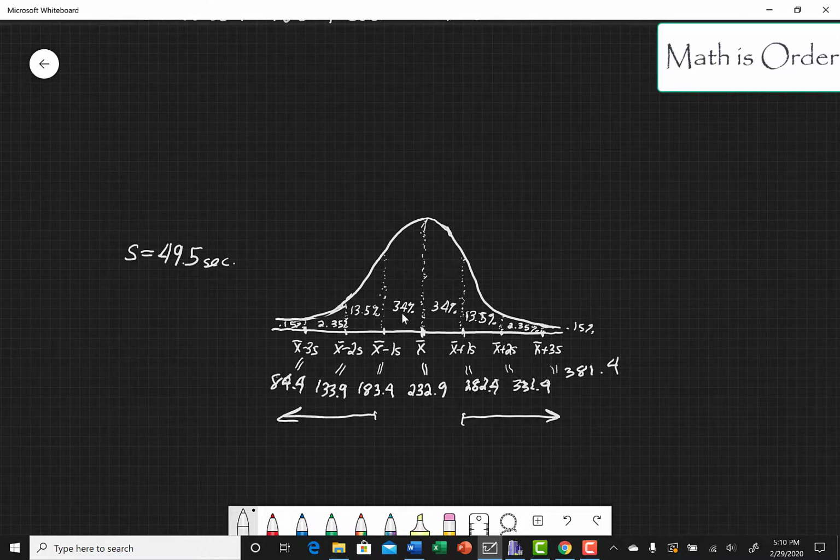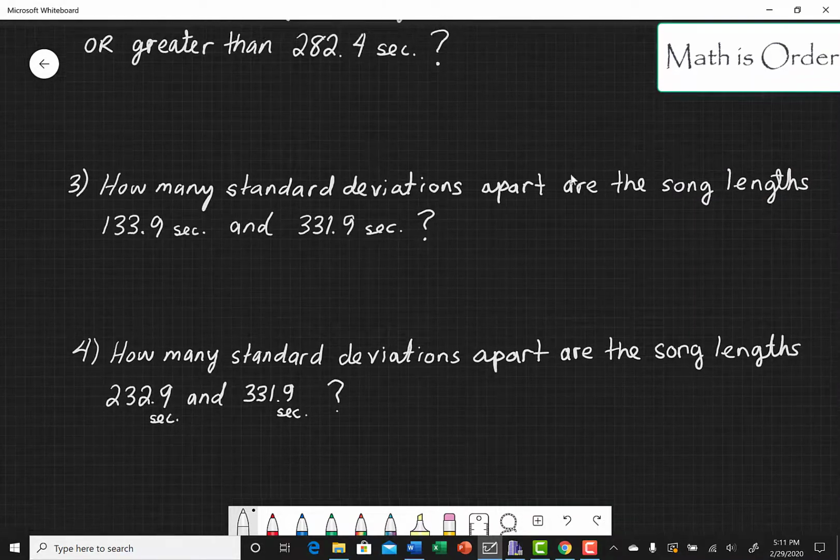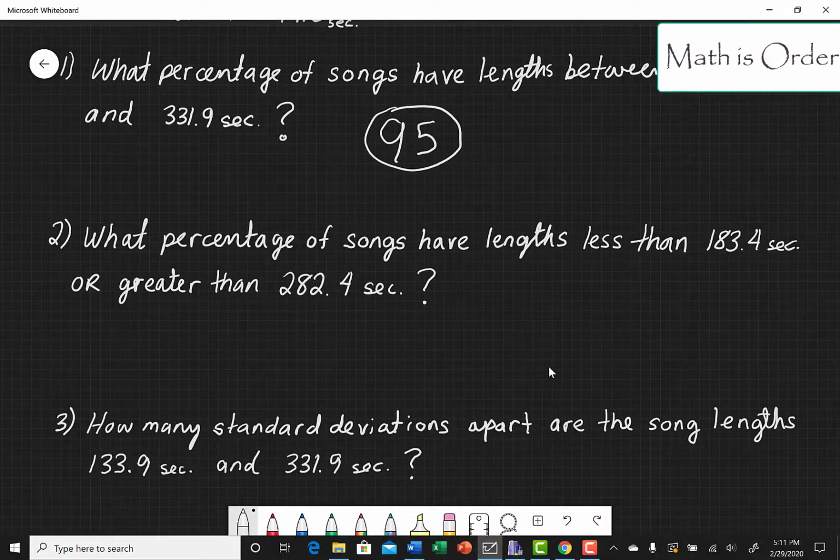You can see in the middle there is 68%. Now we want the rest, apart from the 68%. We know the entire distribution represents 100%, so 100 minus 68 is 32 percent.